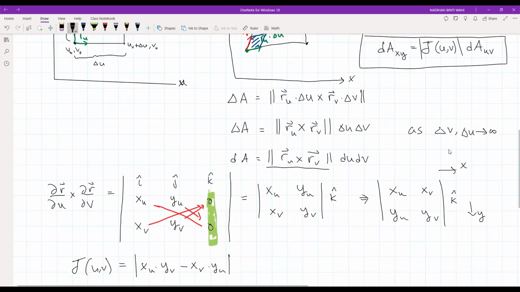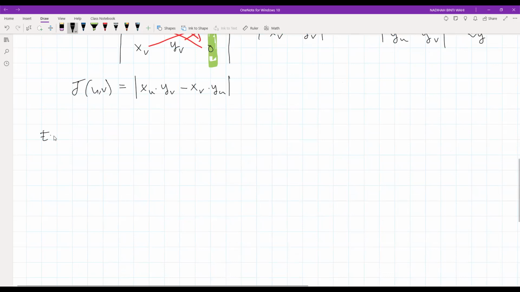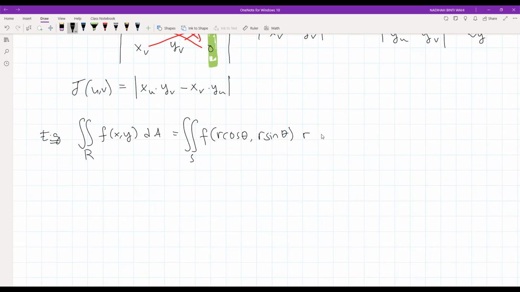Okay, let's see some example. Let's see what we did in polar coordinate. So in polar coordinate, we say that the region R in f of x y dA is equals to region in S f of R cosine theta, R sine theta, and then this is R dr d theta.